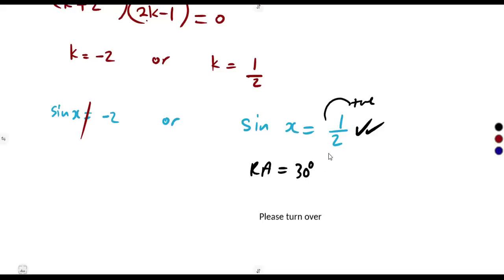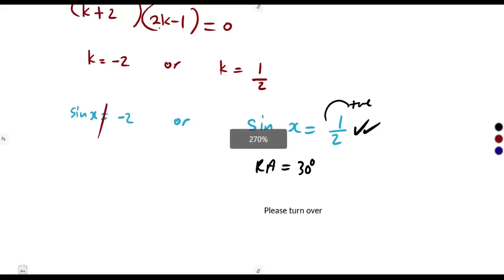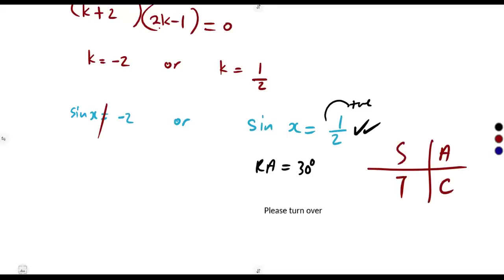Where is sine positive according to our quadrants? We understand that sine is positive where? From our CAST, in the quadrants marked A and S. So in the first quadrant, for all, your angle, if it was x, will be equal to the reference angle. So our x is going to be equal to the reference angle as it is in the first quadrant.